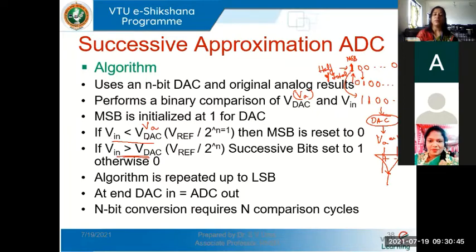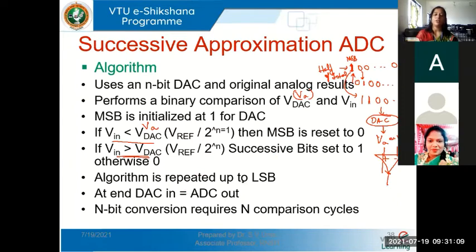If the input voltage is less than the DAC voltage, then make that MSB bit back to 0. If the input voltage is more than the DAC output, then make that MSB bit high and the bit next to the MSB also high. And again convert it and compare.